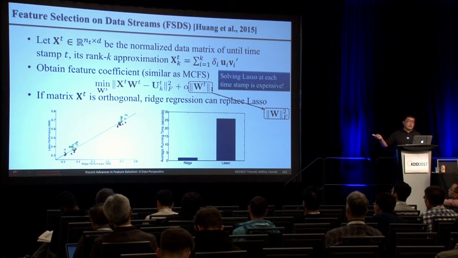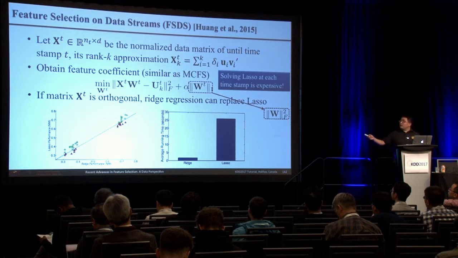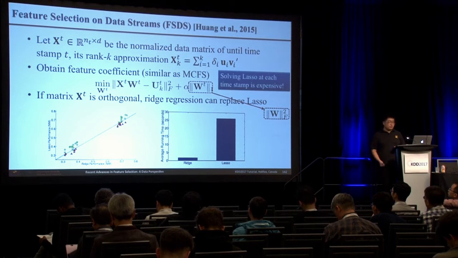MCFS tries to obtain the clustering structure from the data first, then makes use of the cluster structure as the regression label, and then imposes the L1 norm on the w_t to achieve feature selection. But apparently, solving such a problem at each time step when we have new data samples is very time consuming.